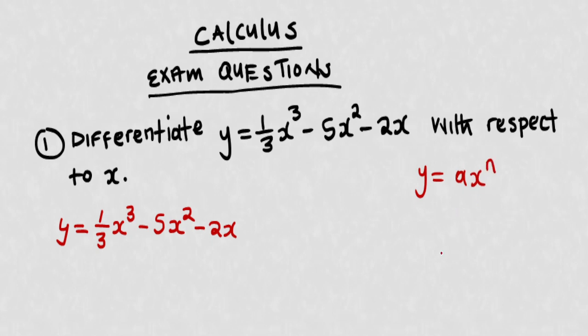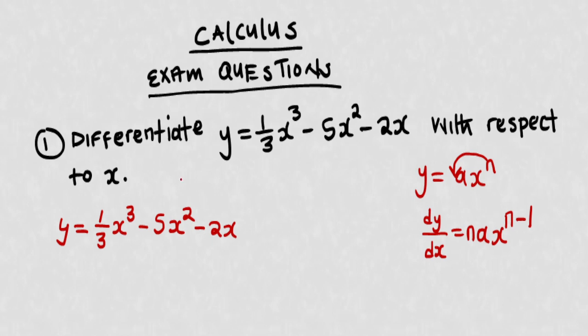Basically what happens is that if you're trying to differentiate this, the power multiplies with the coefficient of the variable and the power reduces by 1. So this becomes dy over dx is equal to n times a, then the power will reduce by 1. That is basically how you can differentiate.